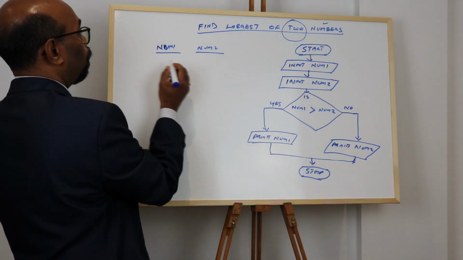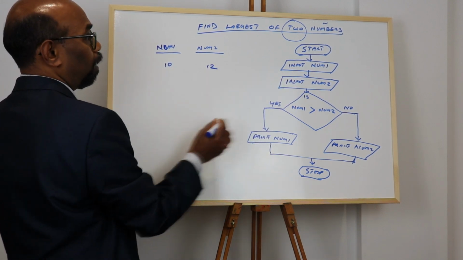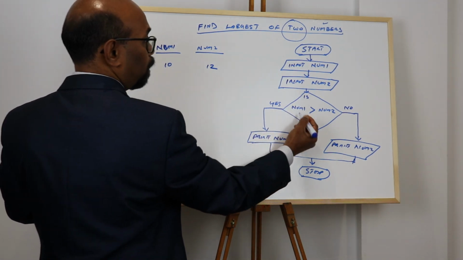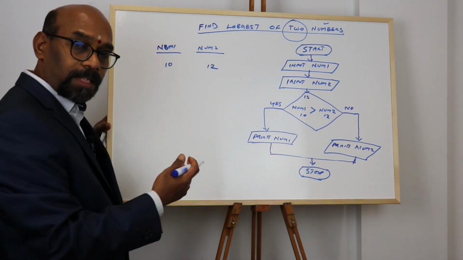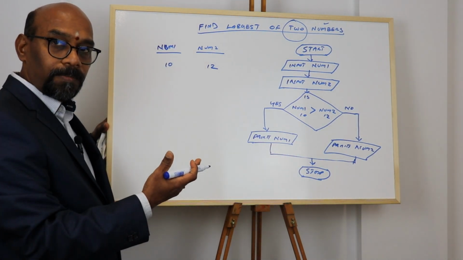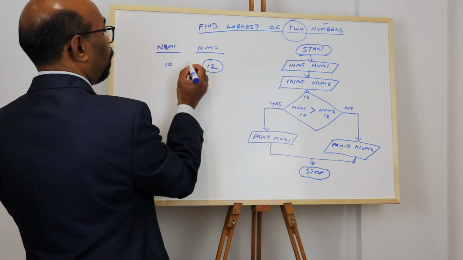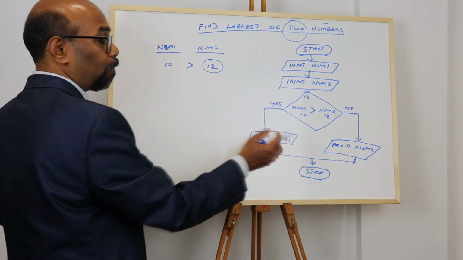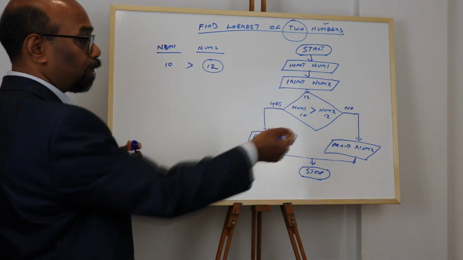Let's say number one is 10, number two is 12, and now apply the logic: is 10 greater than 12? Yes or no? No. Therefore print number 2. So 12 gets printed, because the condition is no.